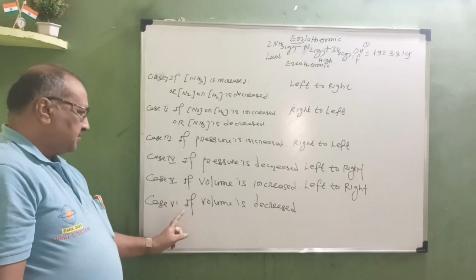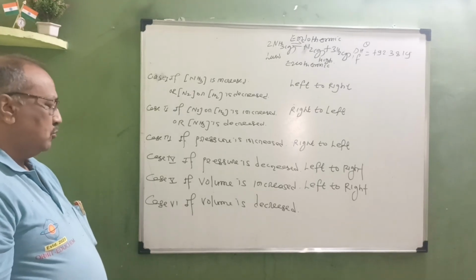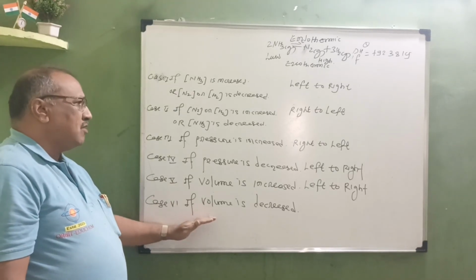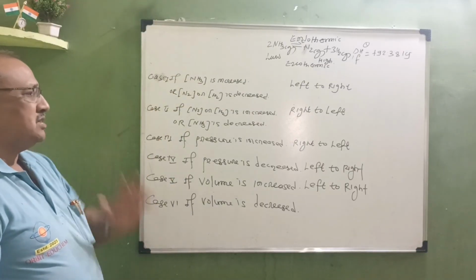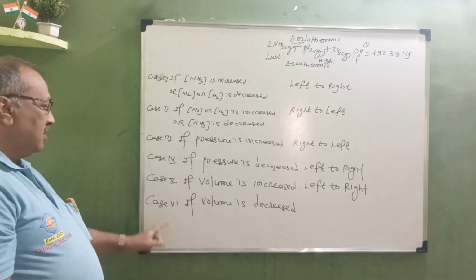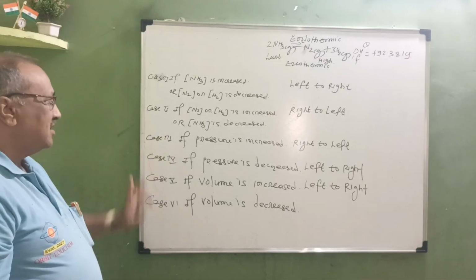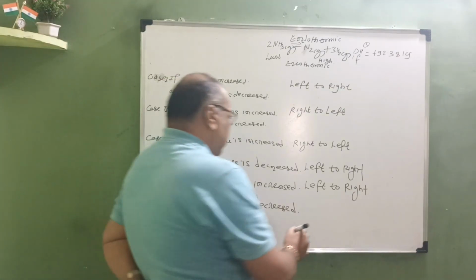Now if volume is decreased, now effect of change of volume is exactly reverse to that of effect of change of pressure, because volume is inversely proportional to the pressure. That means case 6 is same as that of case 3. Here right to left.